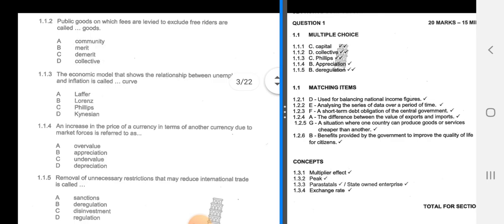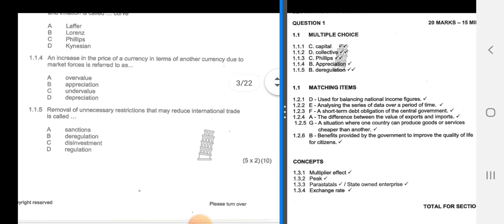And then 1.1.3 says the economic model that shows the relationship between unemployment and inflation is called the Phillips curve. So 1.1.4 says an increase in price of a currency in terms of another currency due to market forces is called appreciation.